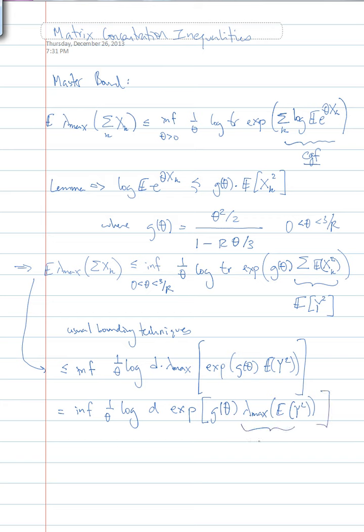But this is exactly the parameter in the theorem, sigma squared. So finally we get that this is equal to the infimum over theta in the range 0 less than theta less than 3 over r of log d over theta plus theta over 2 times 1 minus r theta over 3 times sigma squared.